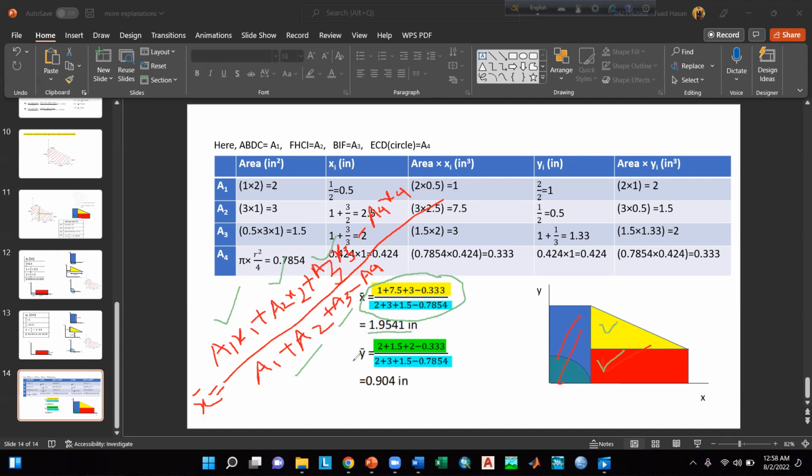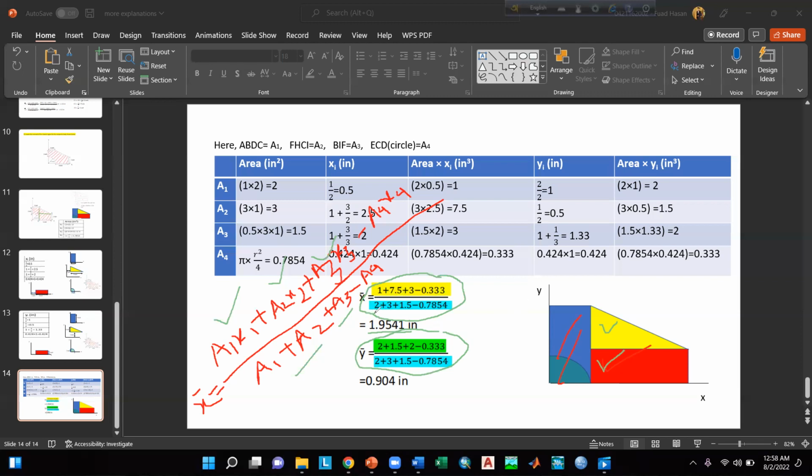And then what will be the formula for y bar? It will be equal to a1 y1 plus a2 y2 plus a3 y3 minus a4 y4 divided by a1 plus a2 plus a3 minus a4. So if you put the values from the table here, you will get a result of y bar equal to 0.904 inch. So here you can see that both results are positive.